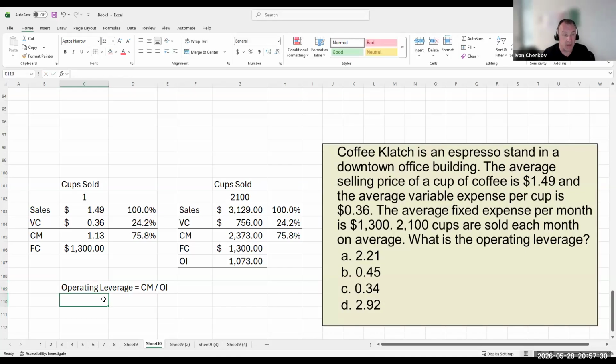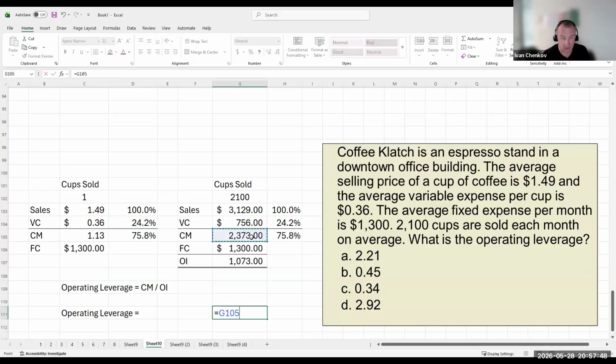Or simply, how many times you have the contribution margin in the operating income? In this case, my operating leverage is going to be equal to contribution margin divided by operating income, or it's going to be 2.21.